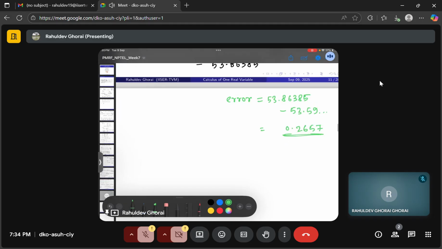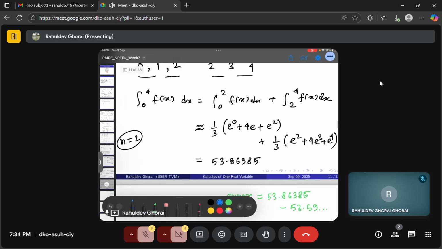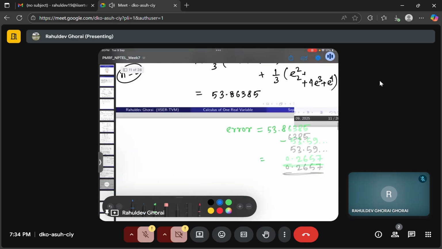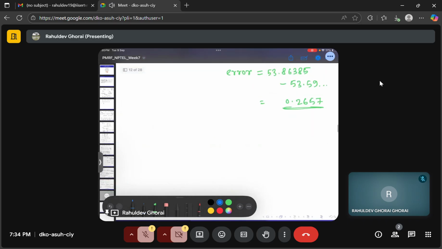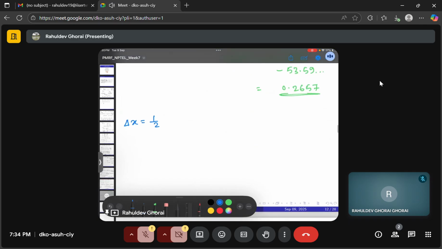So you can, at home, try with del x equal to half. Then what we need to do is the number of intervals will increase, and what we have: 0, half, then 1.